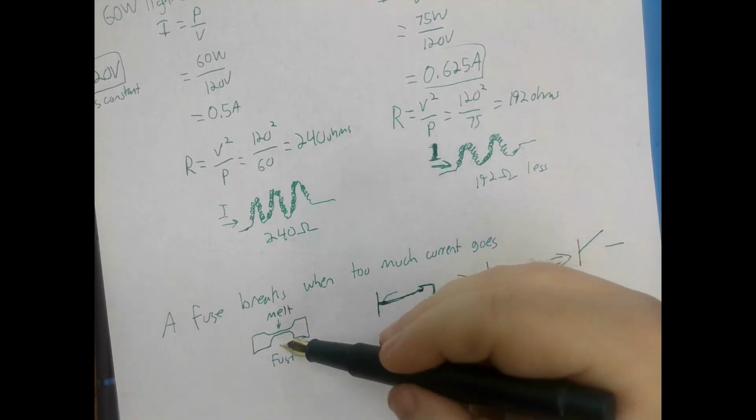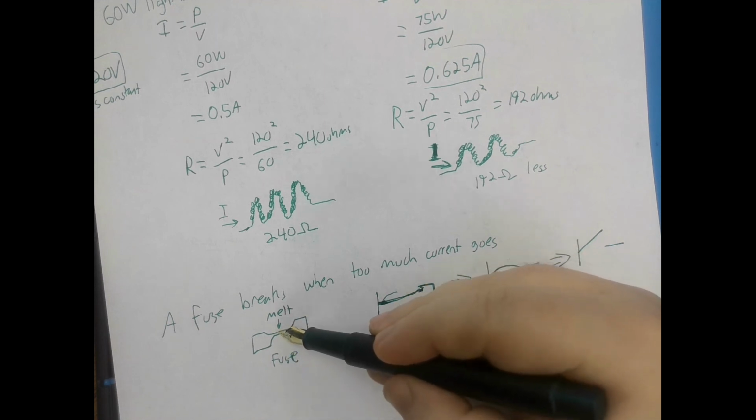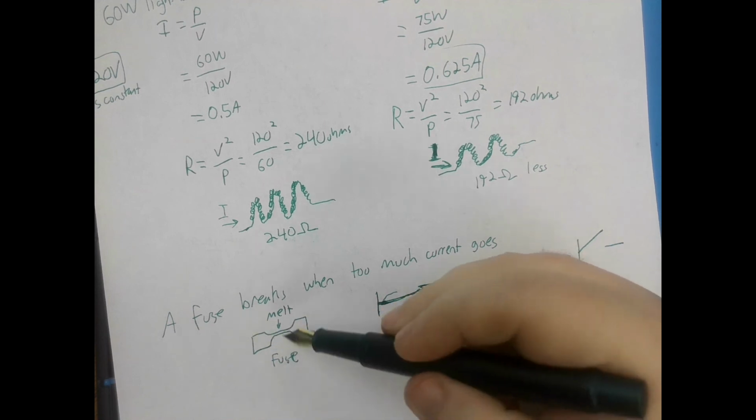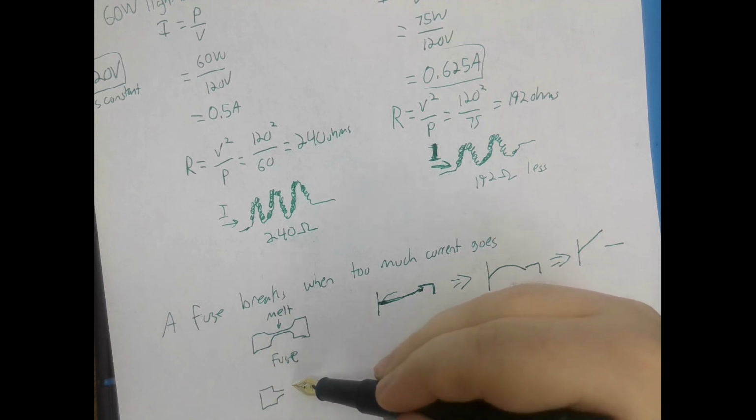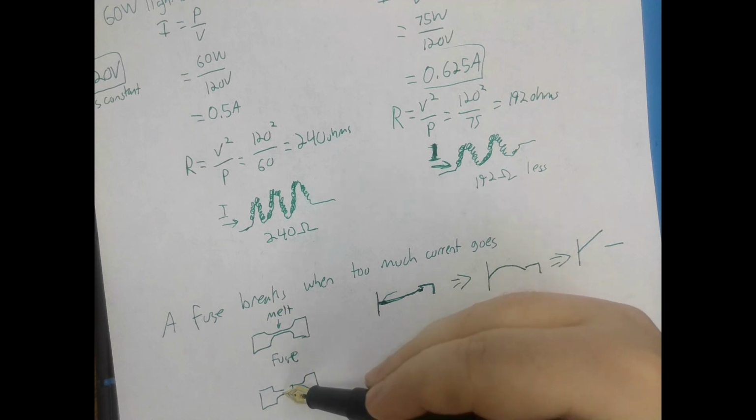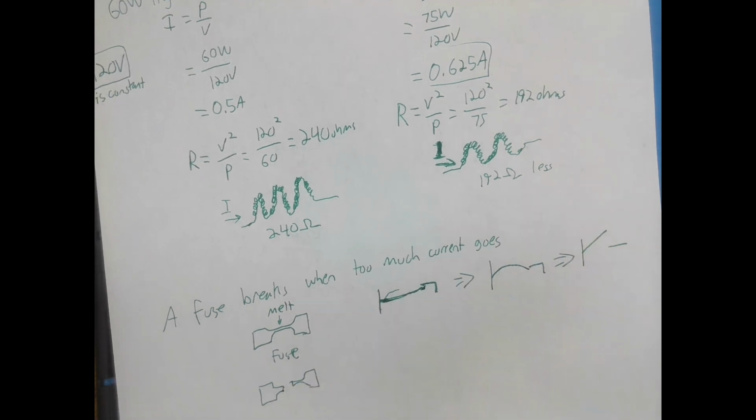In a fuse, the metal actually melts, and the fuse no longer can be used. So it actually melts and breaks the current.